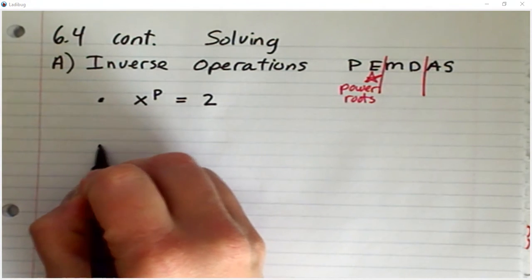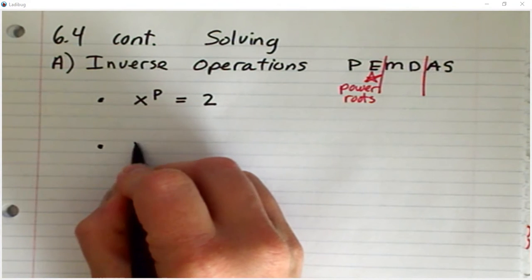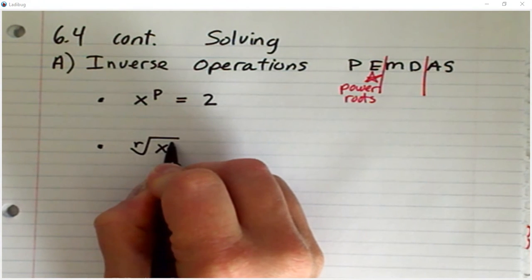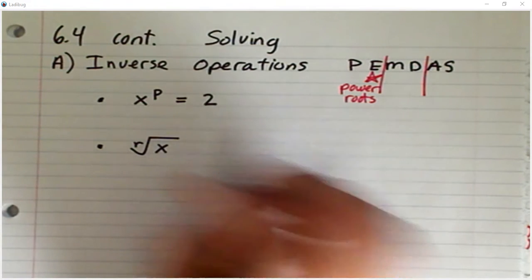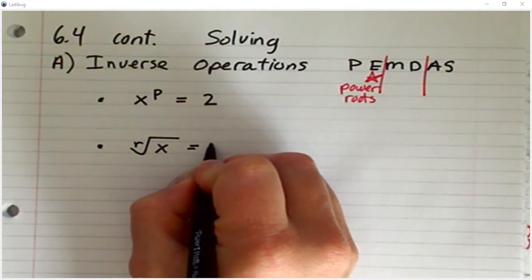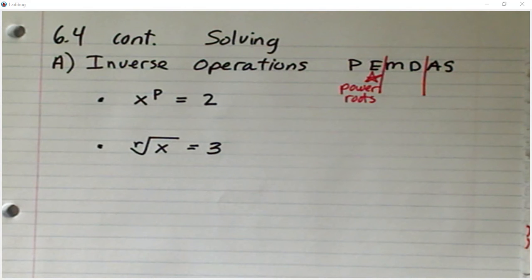And then I'm going to say root x to the, we'll just leave it as a 1, equals 3. Okay, so I've got a power and a root. And what I want to do is figure out how do I undo, all right? Keeping in mind that as we're going to start solving here, we want to get x by itself.